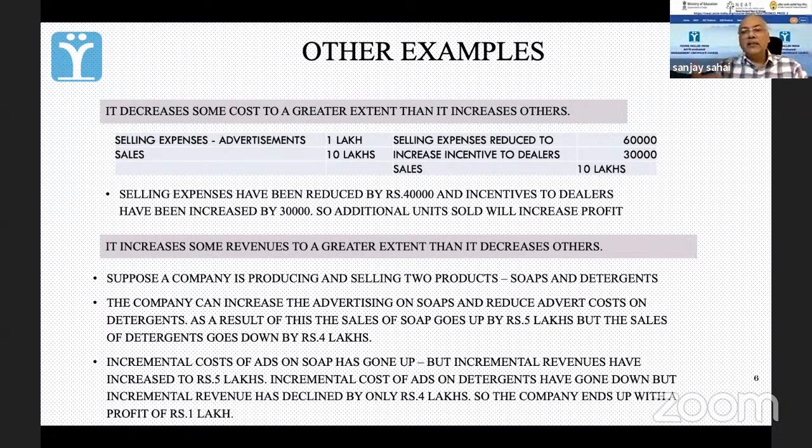Incremental cost of ads on detergents have gone down. So they've actually reduced the amount of advertising they're doing for detergents. And incremental revenue has declined as a result of that. But the decline in incremental revenues for detergents is less than the increase in incremental revenues from soaps. So basically what happens is you end up with an extra revenue of 1 lakh. That is the point which we are trying to make here.